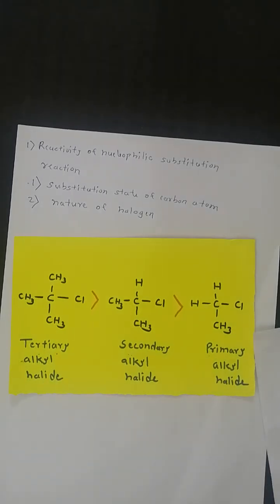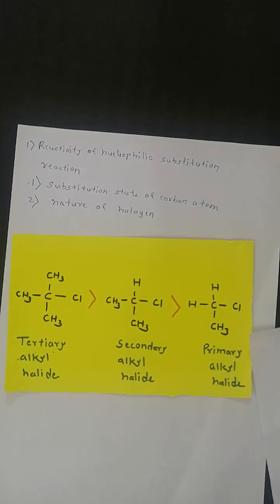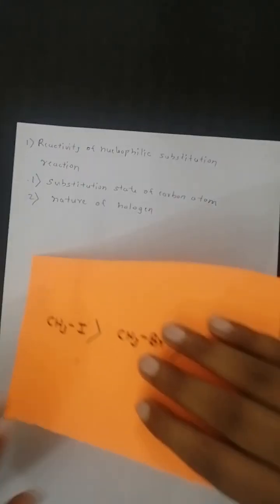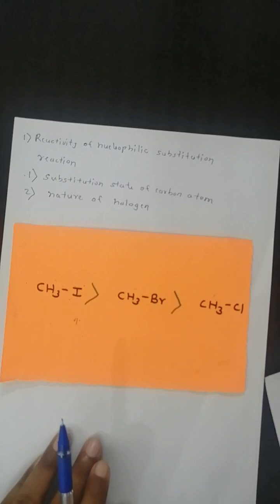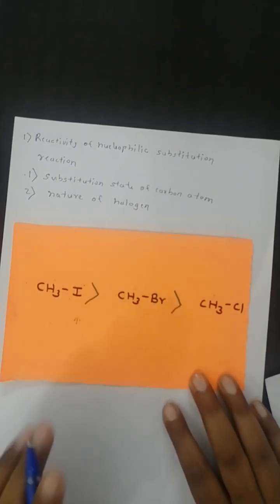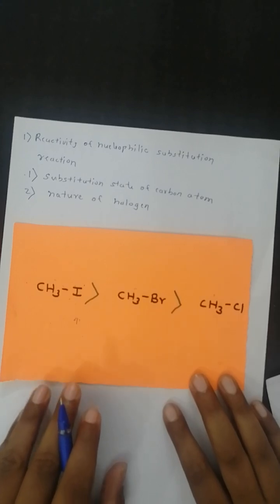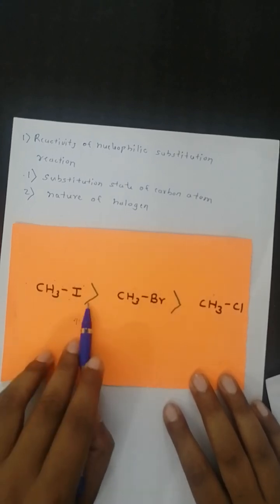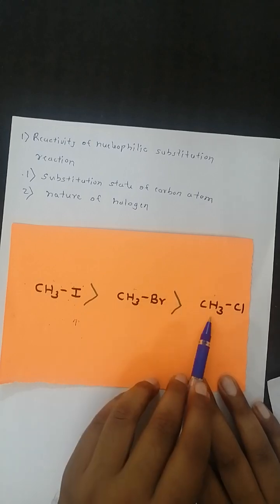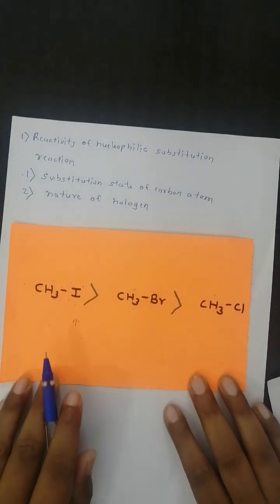Next point, we are going to see the nature of halogen. To understand this topic, I am going to take another example. Here I am going to take methyl iodide, second one methyl bromide, and third one methyl chloride.